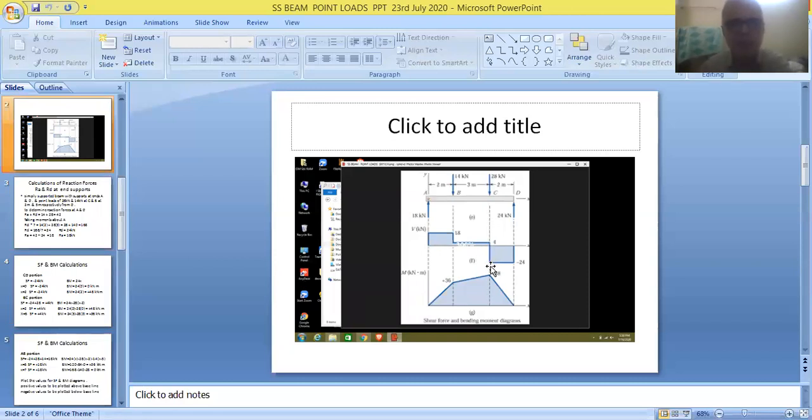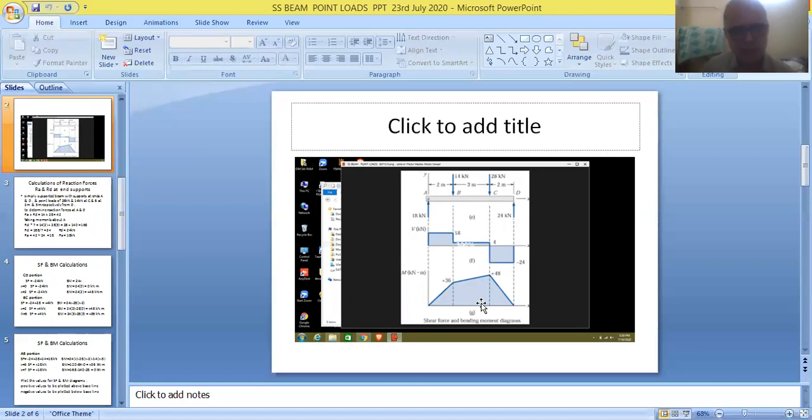You will be getting the shear force diagram in this fashion. And take the values of bending moments of all the portions and prepare one more diagram. This is called a bending moment diagram. So you will be getting the bending moment diagram in this particular manner.